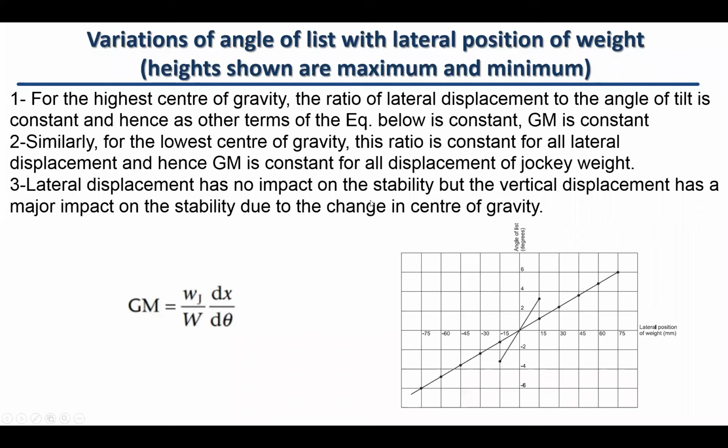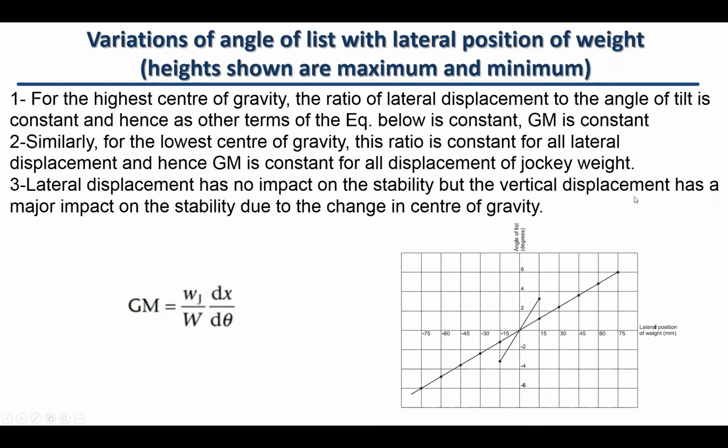So obviously, once all of the right-hand side is fixed, the GM is fixed, and we have a very key result here: the lateral displacement has no impact on the stability.